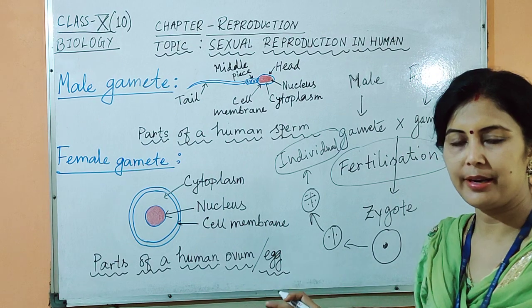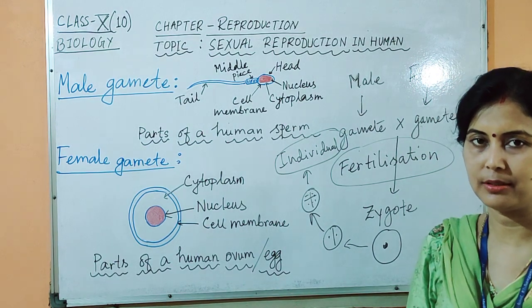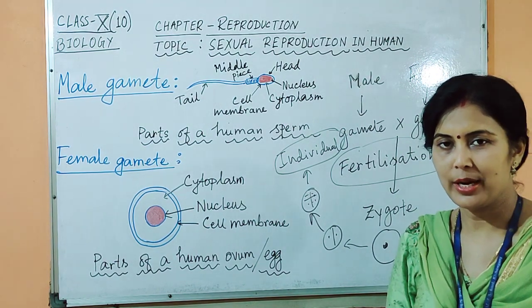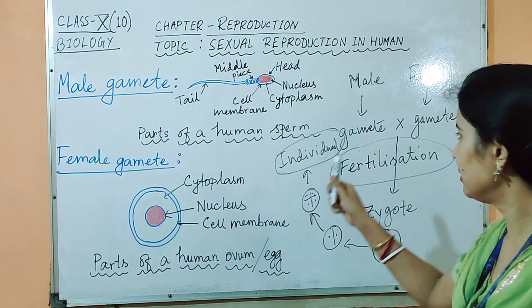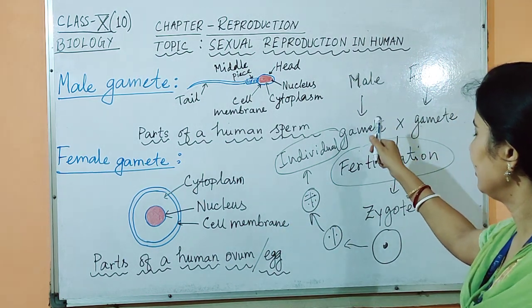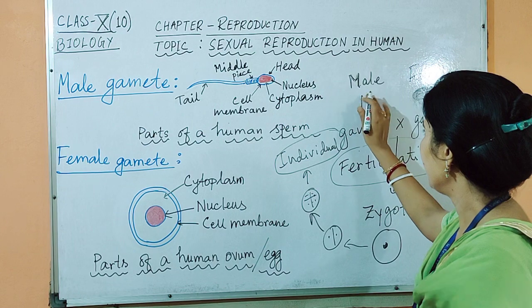The zygote divides by the process of mitosis, whereas formation of gametes involves the process of meiosis.